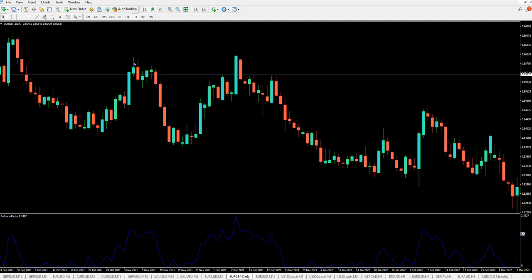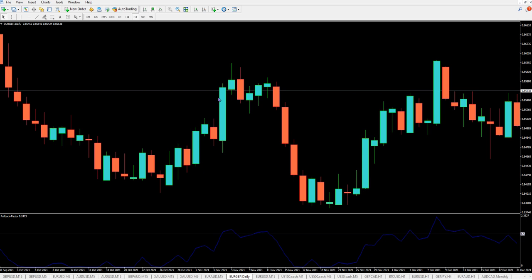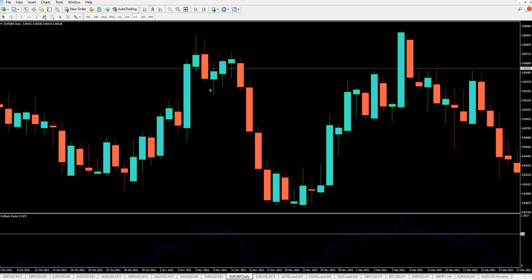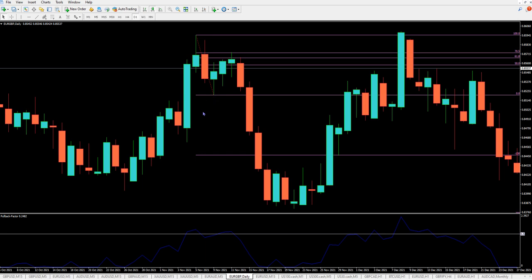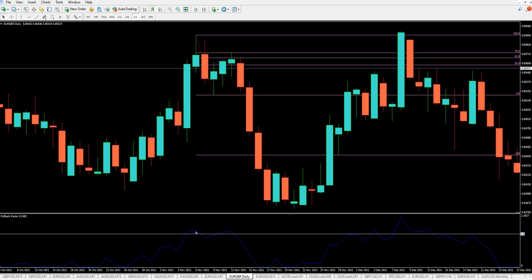We're on the daily chart. We could refine more into the 4 hour, and the 1 hour would certainly give other refining entry points. But just a simple fib. So we start with the candle that matches up with the pullback factor over 1.5.